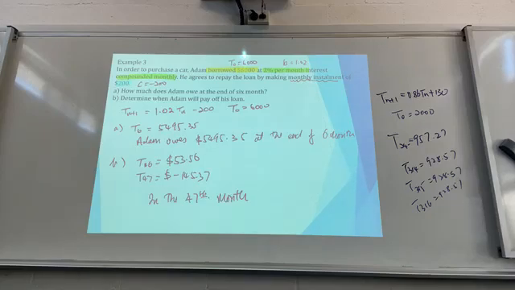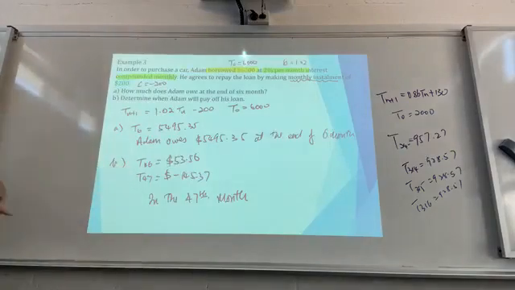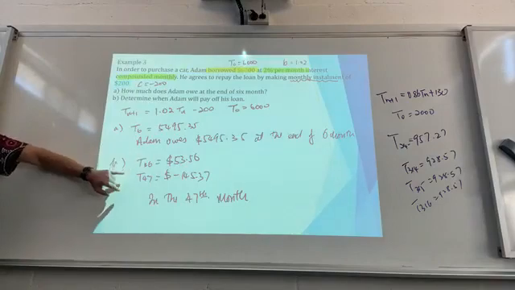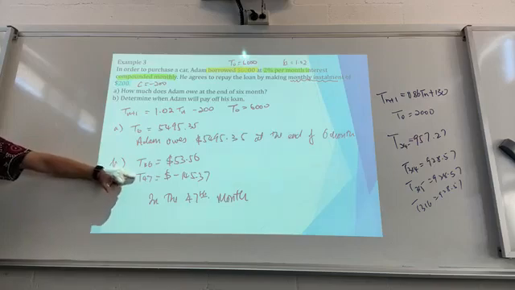And now, part B, when does he pay off his loan? So you need to think about when the loan becomes zero, correct? So in between there's a positive and negative. If Adam pays a bit more than 200, it means he's overpaid.